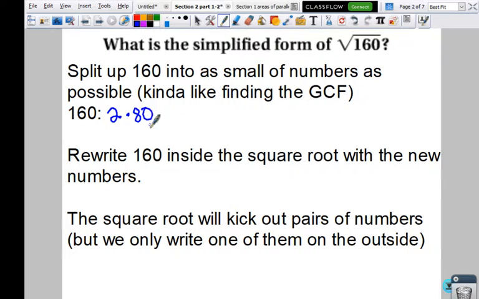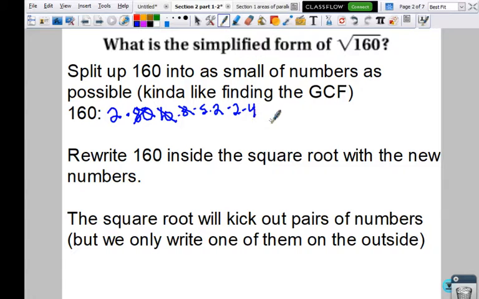And what I want to do is write this out with as small of numbers as I can. What can I multiply and get 80? 10 and 8. That'll work. 80 is 10 times 8, right? But what's 10 really? 5 times 2. And 8 is really 2 times 4, right?